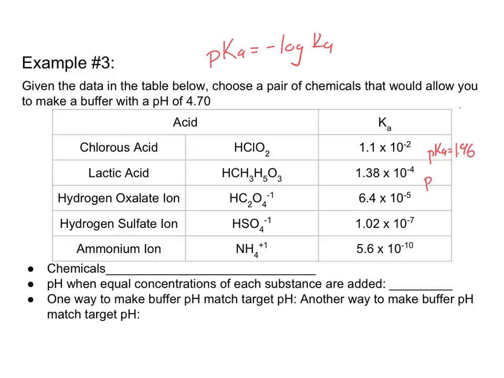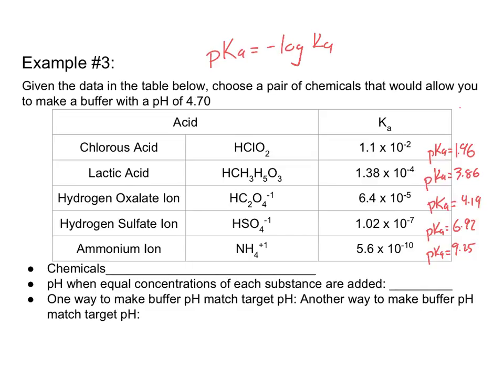And the pKa of the lactic acid is equal to 3.86. The pKa of the hydrogen oxalate ion would be 4.19, the pKa of the hydrogen sulfate ion would be 6.92, and the pKa of the ammonium ion would be 9.25. Okay, so those are our pKa's.